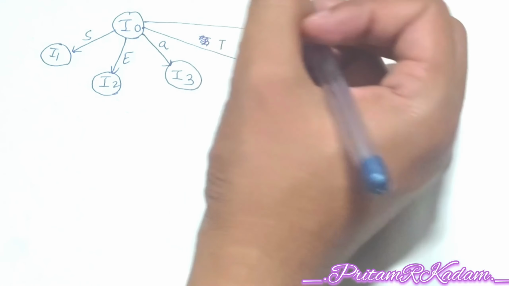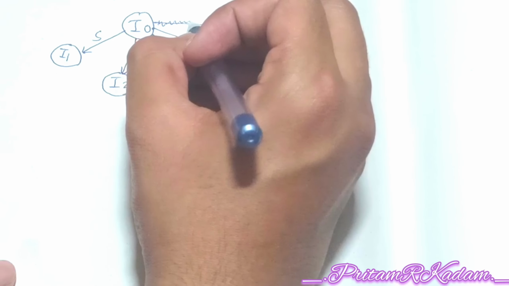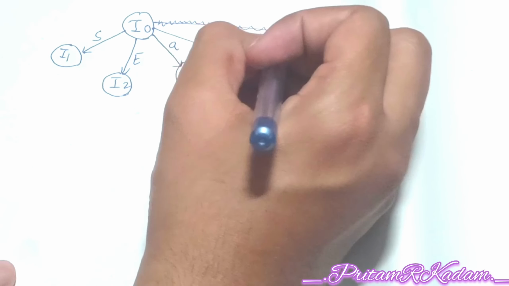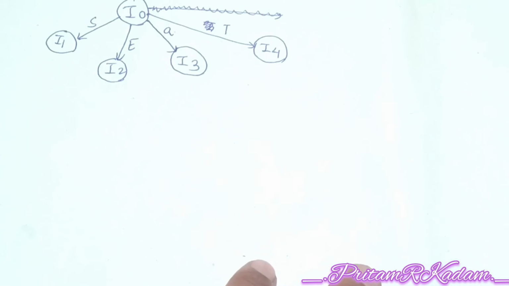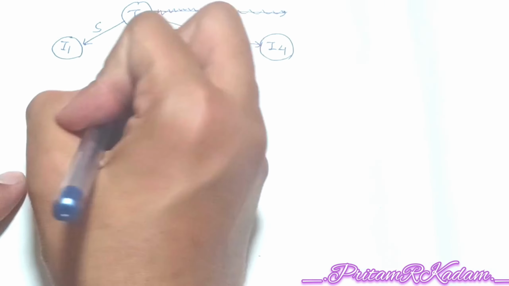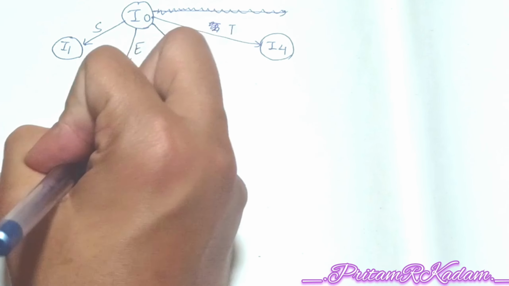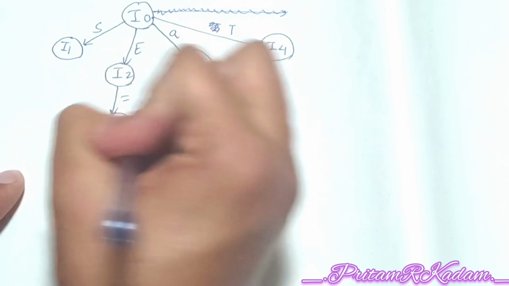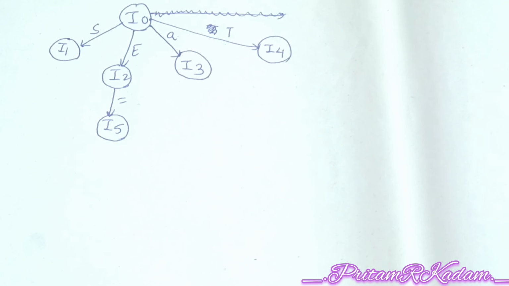Let us proceed for the next one. We got I5 when we passed equals to on I2. Let me just scratch this out. So now on passing equals to on I2, I got I5. Source was I2, destination was I5, and equals to on top of the arrow.